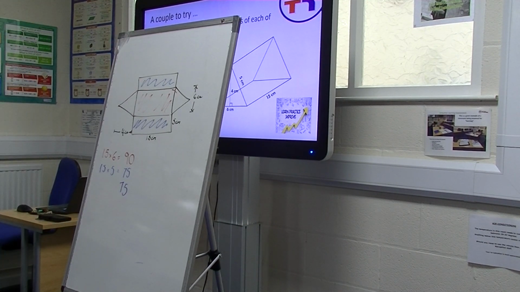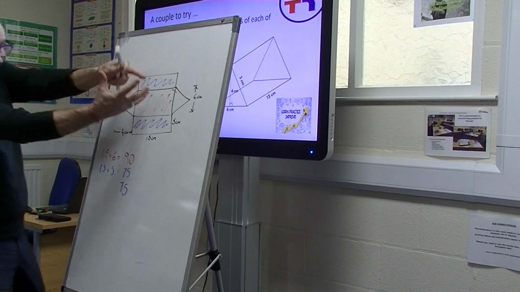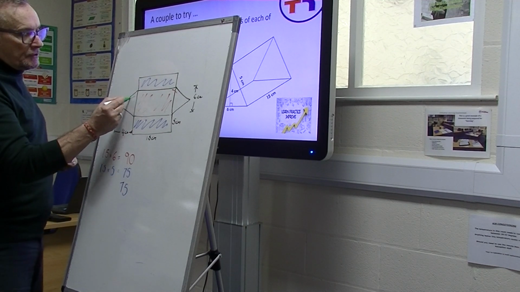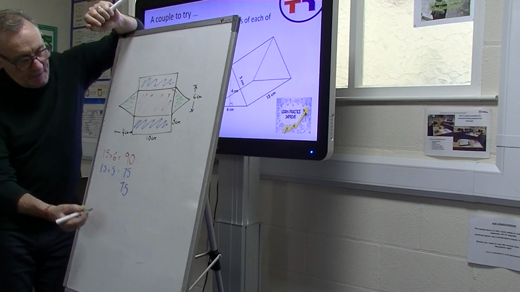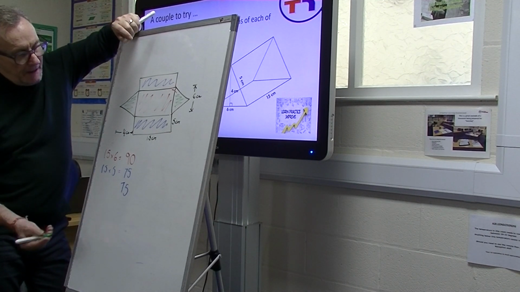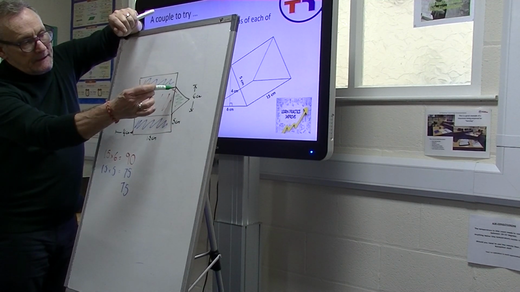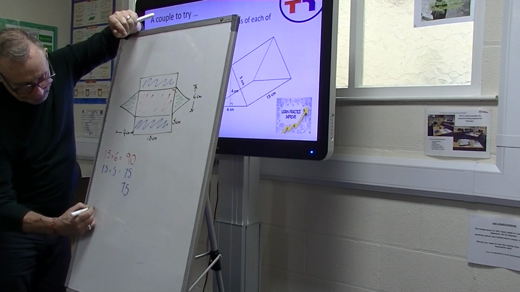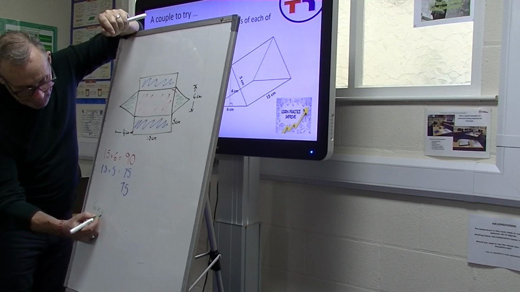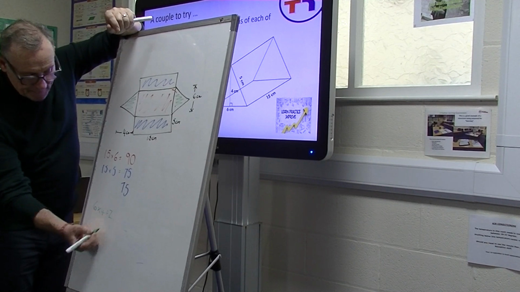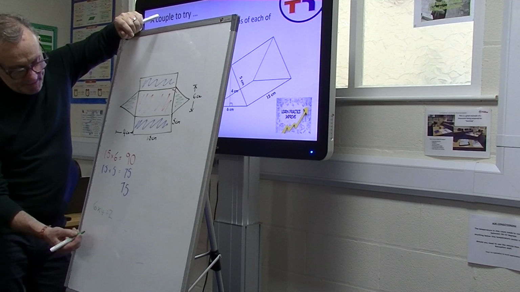And then we come to the triangles. So I think these are a little bit easier to work out because once you see it split open like this, you can see what the shapes are. So we know the formula for the triangle. It's the base times the height divided by 2. The base is 6. The height is 4. 6 times 4 divided by 2.